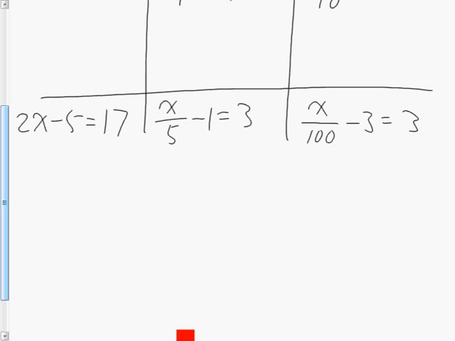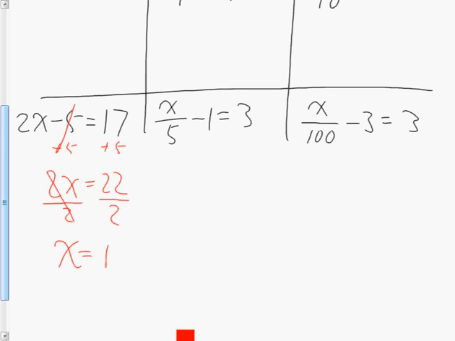So the first thing I always want to get rid of is my constant, which is minus 5. And I'm going to use the opposite of that by adding 5 to both sides. 2x will equal 22. It used to be a two-step equation, but because I got rid of my constant, I now have a one-step equation. Instead of having 2 multiplied by x, I'm going to use the opposite, which is dividing by 2. So multiplying by 2 and dividing by 2 are opposite.